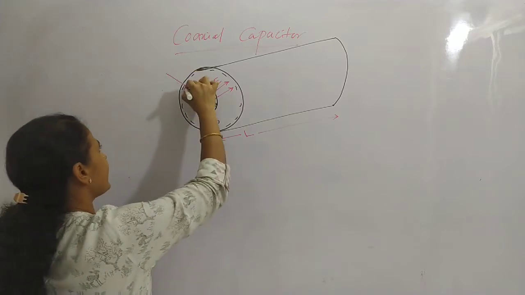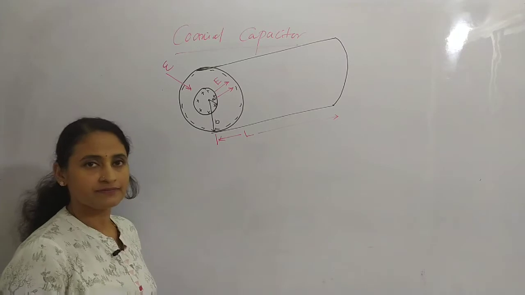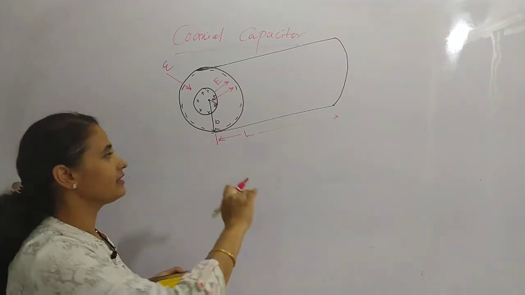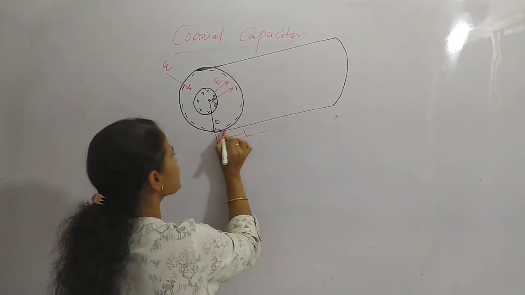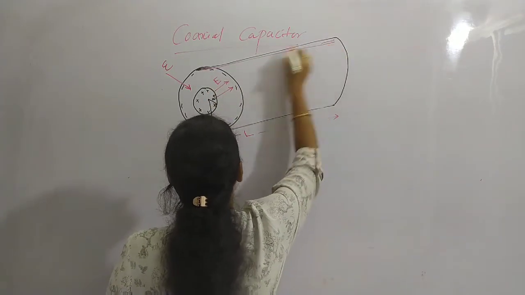Let the permittivity of the dielectric medium be epsilon, and it has some length L. I will consider the charges as being along the length.